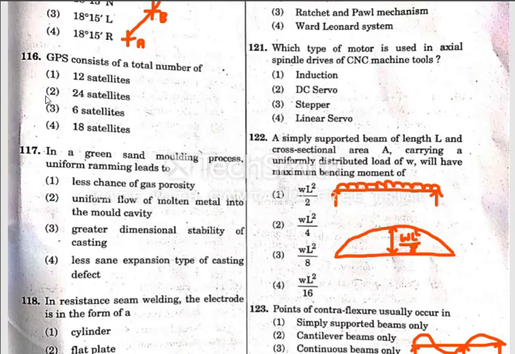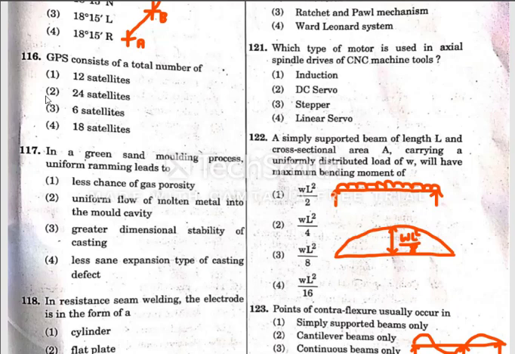Point of contraflexure is the point where the bending moment changes its sign, from positive to negative or from negative to positive. At the point of contraflexure, the value of bending moment is 0.